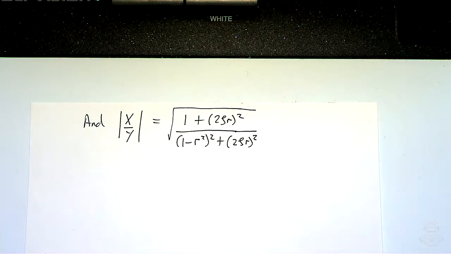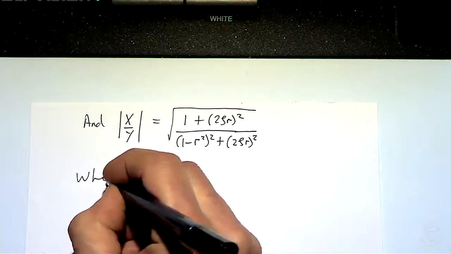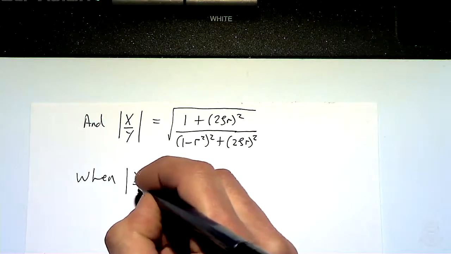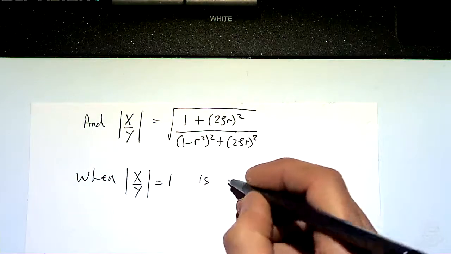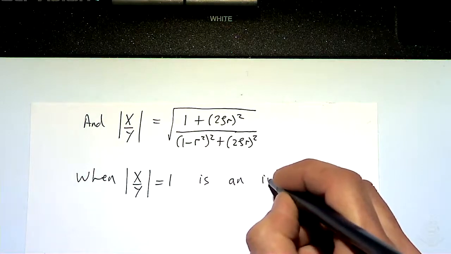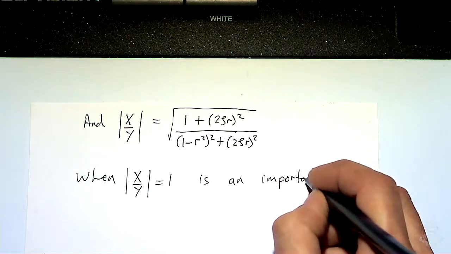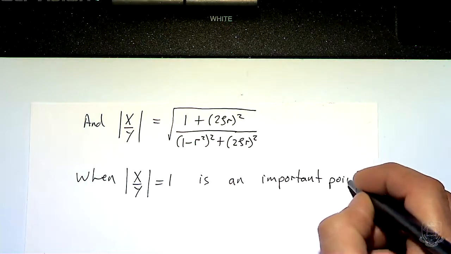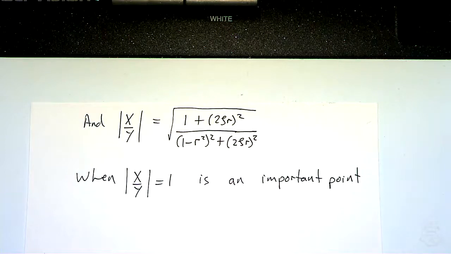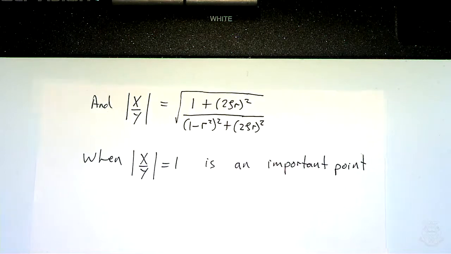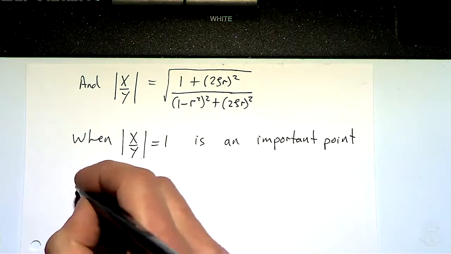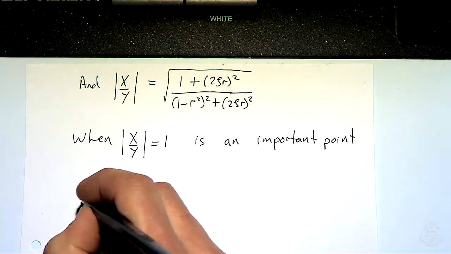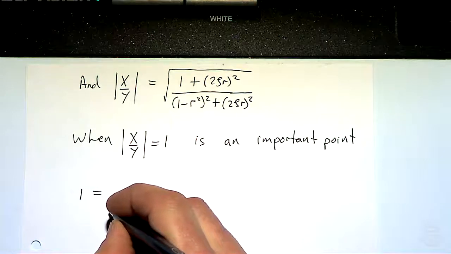It turns out for this case, when we draw the graph in a minute, that x over y equal to 1 is an important point, and we'll explain why in a moment. When we draw the diagram, you'll see why. But what we do first is set x over y equal to 1 and work out what r values that relates to.